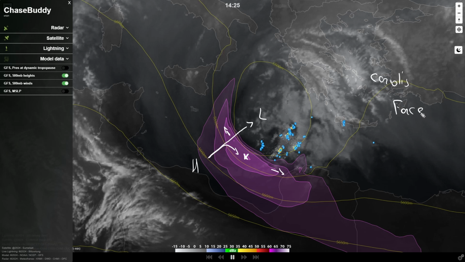And this means that as air tries to move here and gets deflected to the right, it enters from here the region where the wind speeds are maximum. This region is called the entrance region of a jet. Here. This is the entrance region of a jet streak, right?